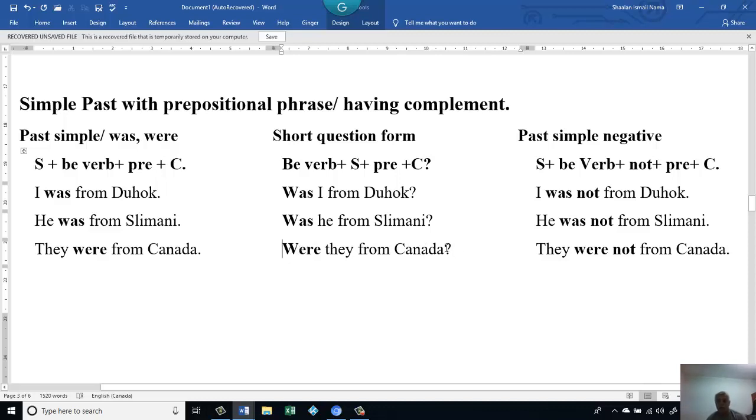Because if I don't have this, it means something is missing. I mean here, yes, I did half of the question, but I forgot to put the question mark. Now my short answer question is correct, and then it's fully developed. They were not from Canada as a negative.